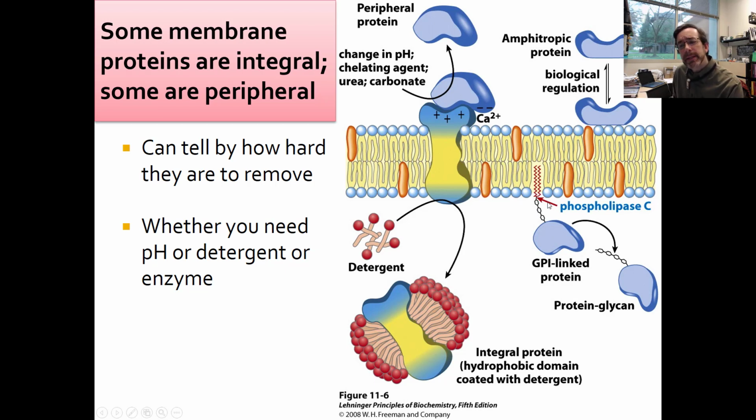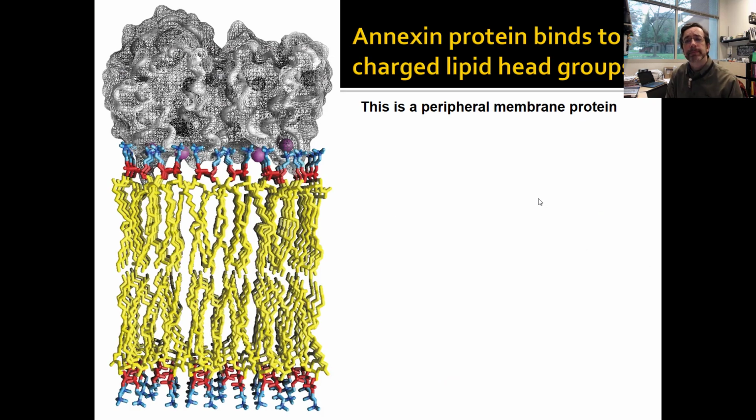Phospholipases break down the lipid anchors. And so phospholipase C will be an example of an enzyme. If you apply that to the protein and you see the protein leave the membrane, then you can say, I've got a lipid-anchored protein. In fact, you can say, I know it's linked through this particular GPI linkage. It's a special kind of lipid. We'll show you that in a second.